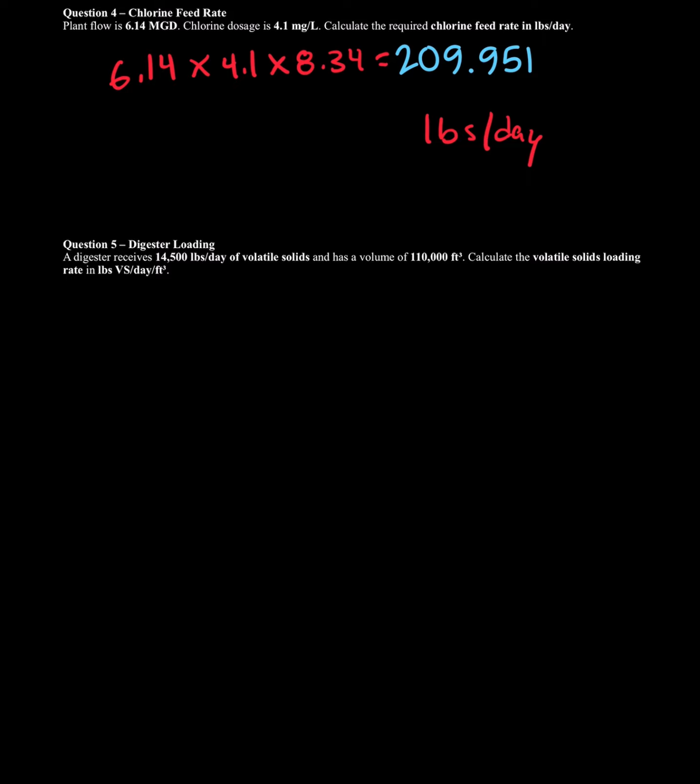Next, we have a digester loading question. It says a digester receives 14,500 pounds per day of volatile solids and has a volume of 110,000 cubic feet. Calculate the solids loading rate in pounds per day per cubic foot. So this might seem super hard, but it's actually really easy because you have pounds per day on the first half, and then you have cubic feet on the second half.